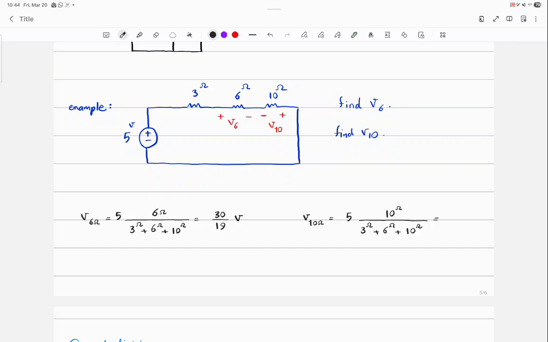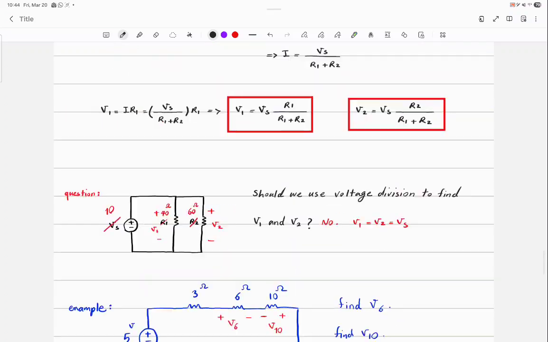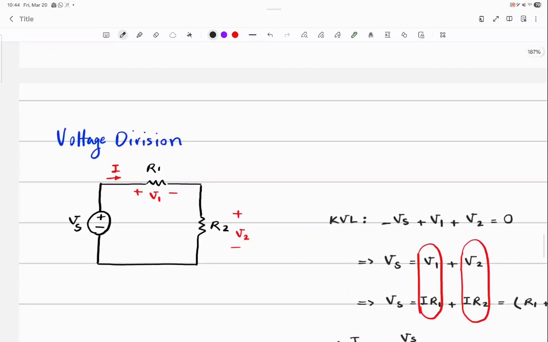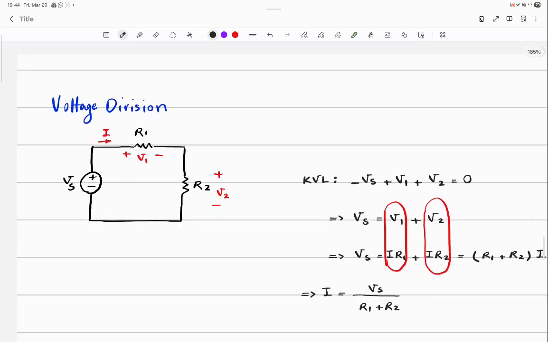Equal to 50 over 19 volts. Is everything correct? Should it be? Why? Look at the polarity of V10. It's the opposite of what we have here, if you remember how we defined them, right?